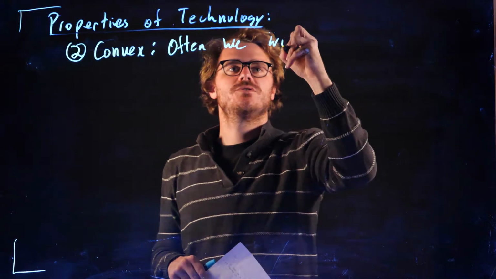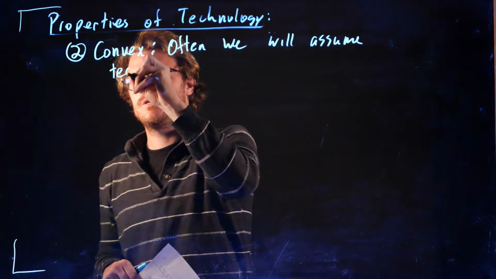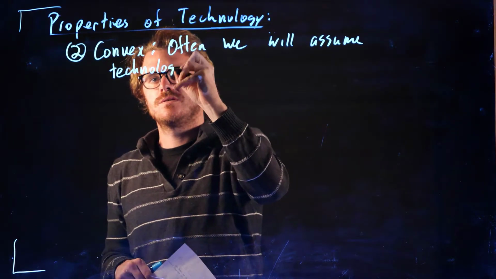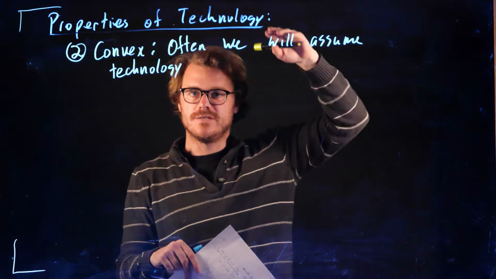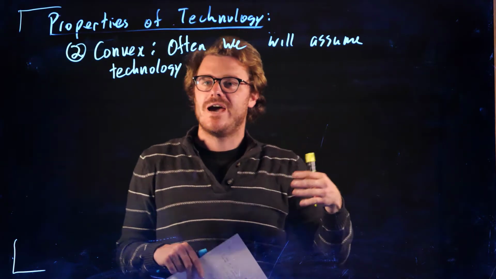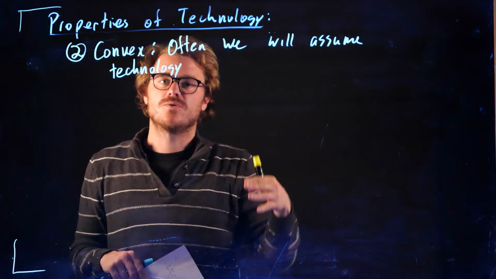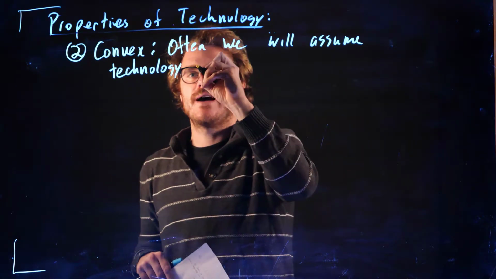Technology is determining the shapes of those isoquants, and we're going to usually assume that the technology giving the shape of that isoquant is convex.